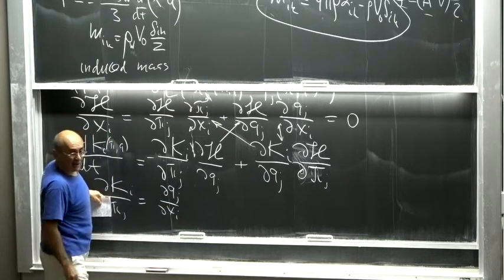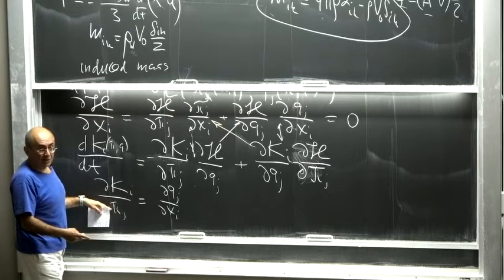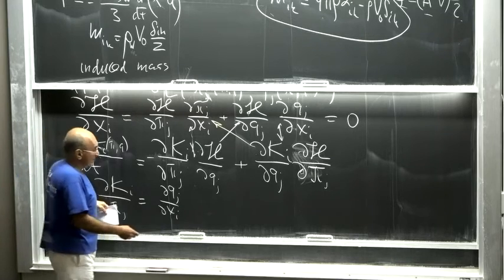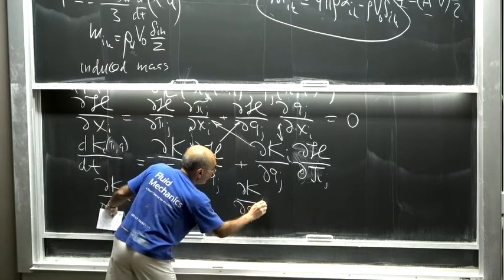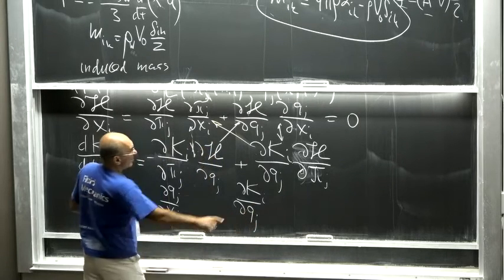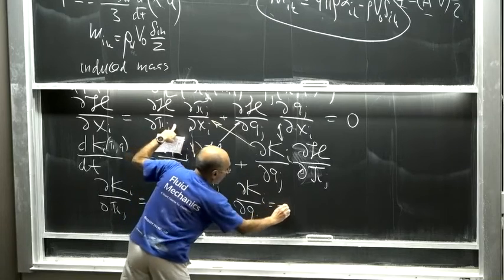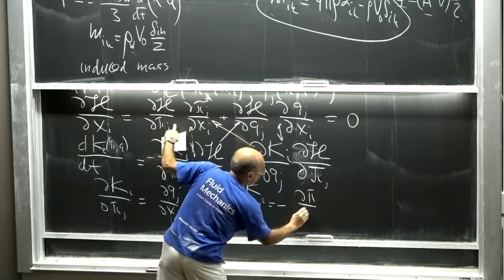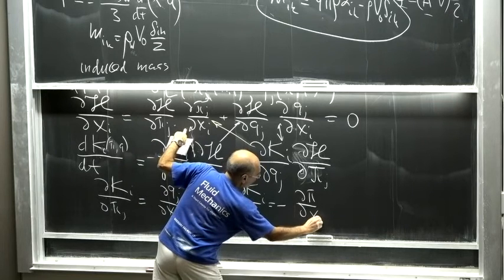This is my derivative. I'm solving two partial differential equations. K depends on pi and q. That's a derivative of k with respect to pi. dk over dq, ki qj. This one comes out of here, and it's minus d pi over dx ij.